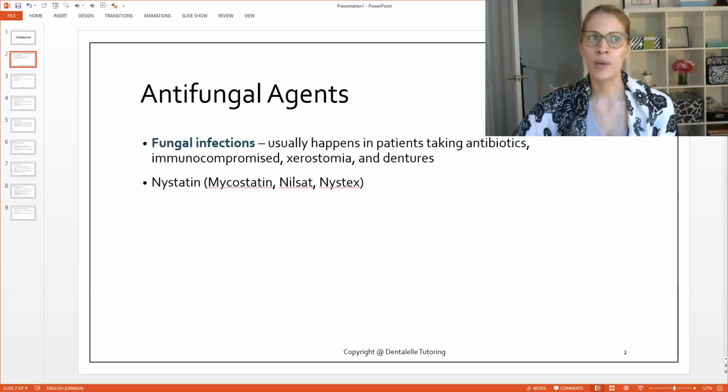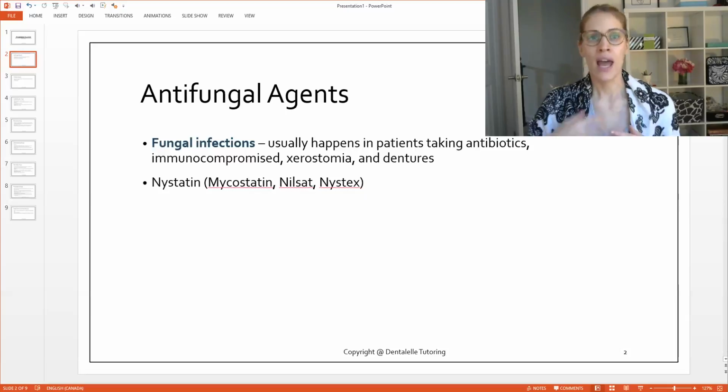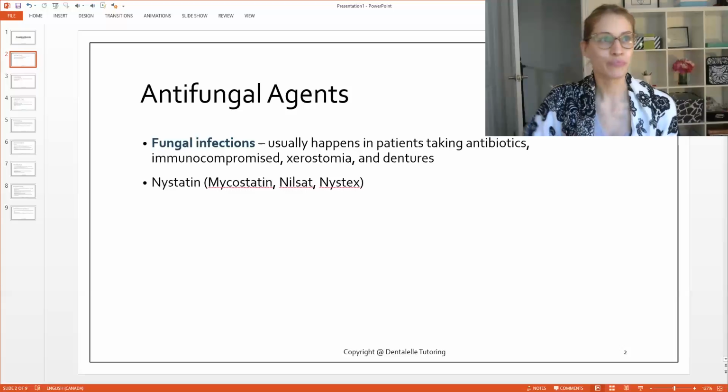And even with probiotics, there's so many different kinds out there that we tell them to go to the pharmacist. So when they're picking up their antibiotic, we ask them to ask the pharmacist what probiotic they think they should take with that. And then that will hopefully help to prevent a fungal infection.